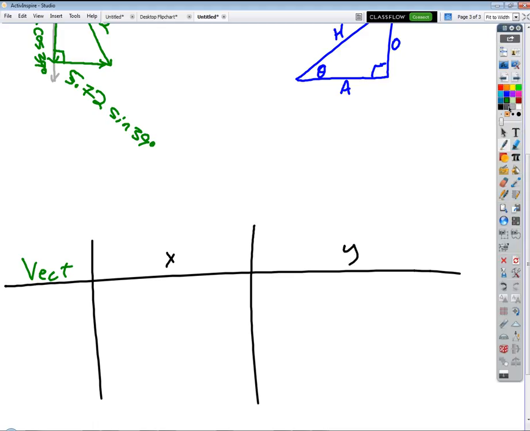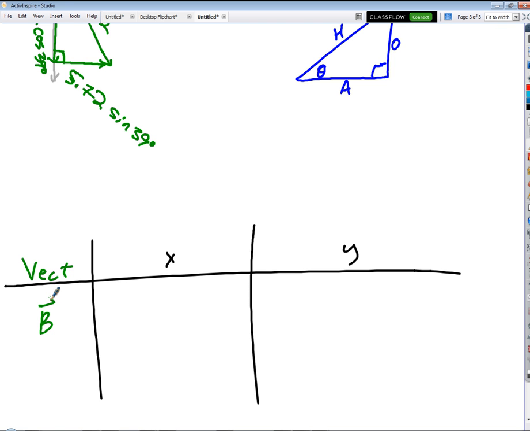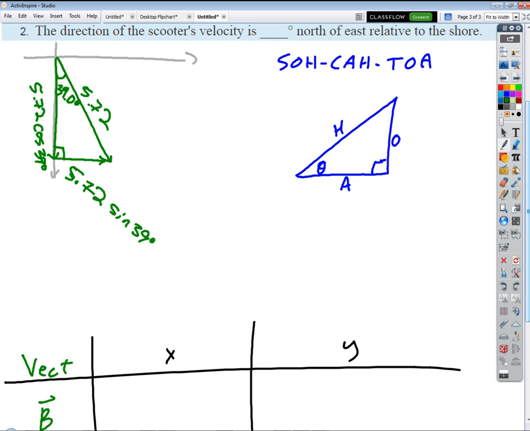Vector B has components, and we have to pay attention to the signs. The horizontal component is 5.72 sine 39. Is it pointing in the positive or negative x direction? Positive, right? Positive x direction is to the right.